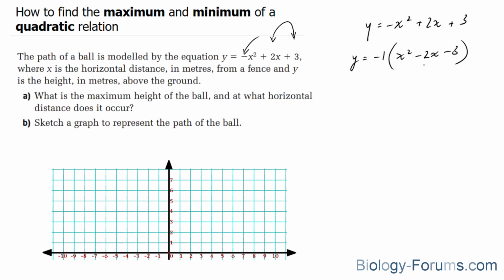The next thing I'll do is figure out what my b term is, and that's my b term. You take your b term and you divide it by 2, and you always do this, and you end up with -1. It's a very important number to keep in mind, so make sure you write it down. And you'll take your -1 value and power it to 2, and you end up with +1.